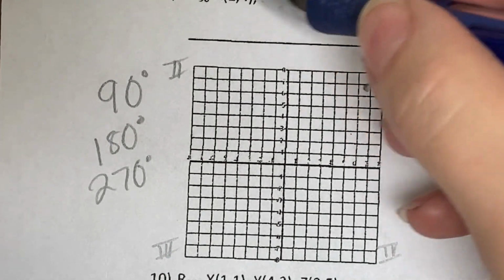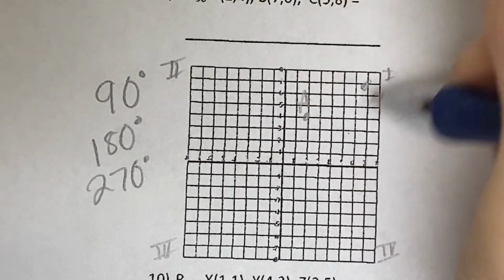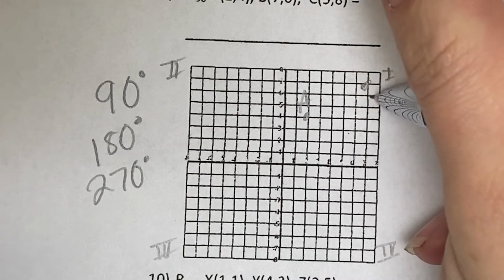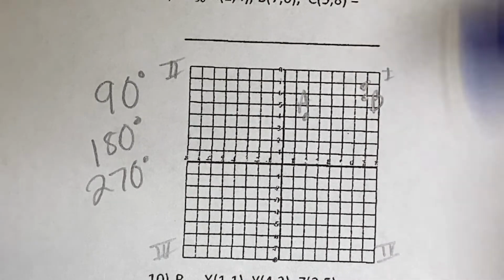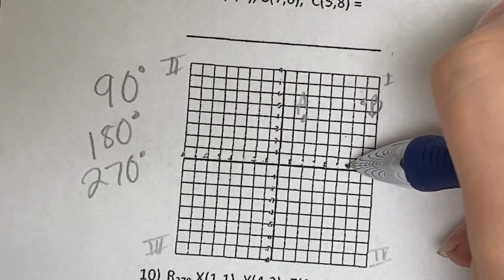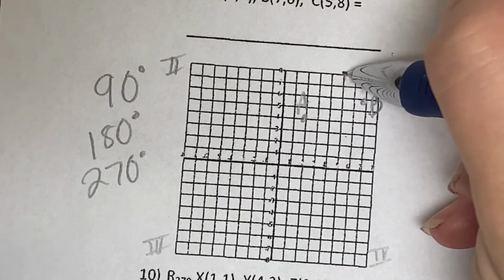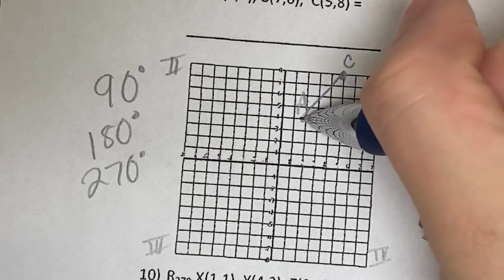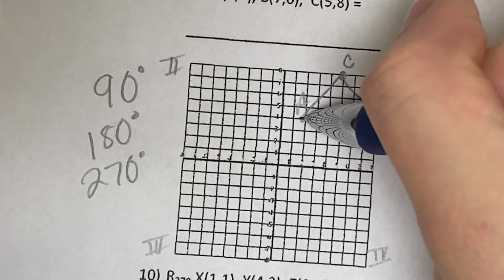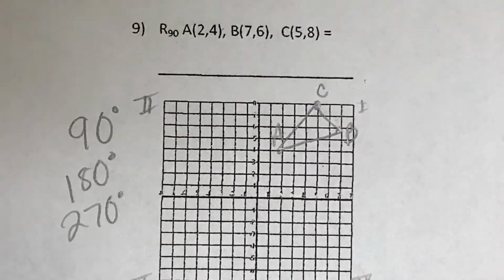We'll go ahead and plot this. So 2, 4 is A, 7, 6 is B. We have triangle ABC, and we are going to rotate 90 degrees.